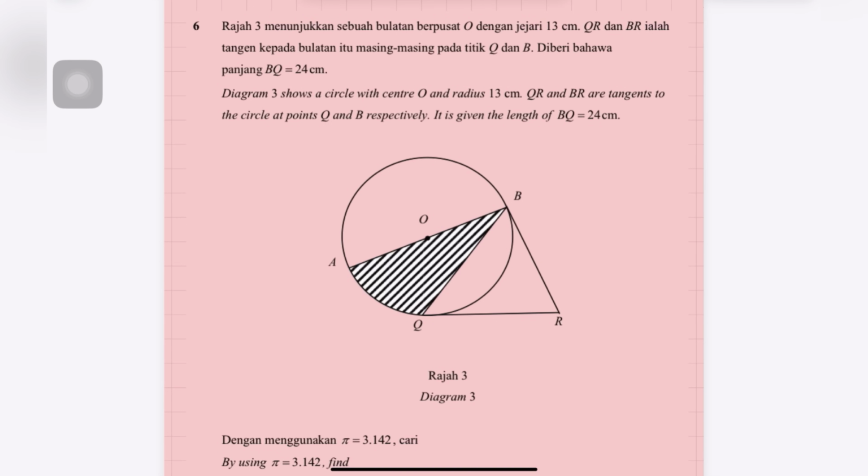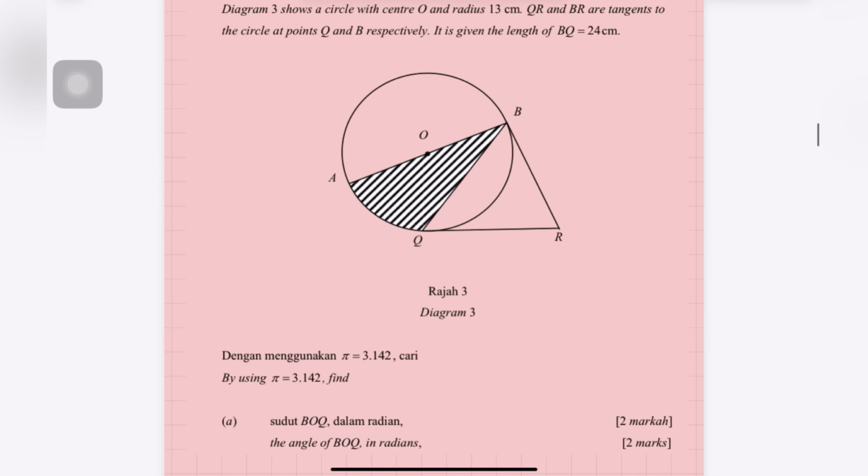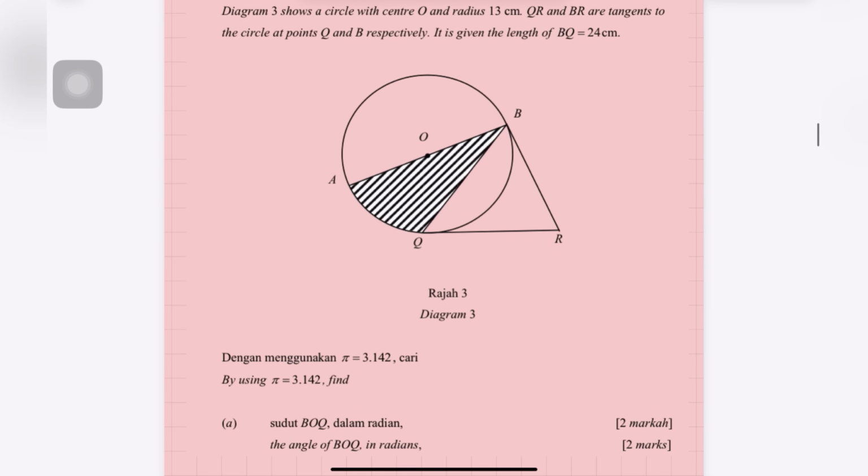Question number 6. Diagram 3 shows a circle with center O and radius 13 cm. QR and BR are tangents to the circle at point Q and B respectively. It is given the length of BQ equals to 24 cm. Using pi equals to 3.142, A, find the angle of BOQ in radian. First of all, we have to label all the information on the diagram.